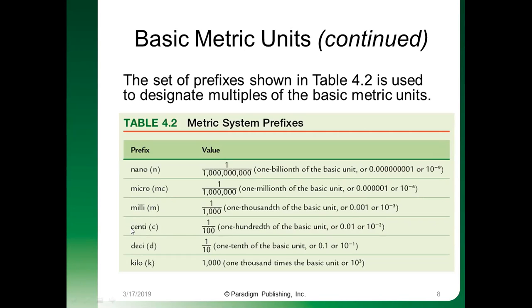Milli, M. Centi, C. Deci, D. Kilo, K. And the value of each: nano would be 1 billionth of a basic unit, or 0.000000001, or 10 to the negative 9. Micro is 1 millionth, milli 1 over 1,000, centi 1 over 100, deci 1 over 10, and kilo is 1,000.